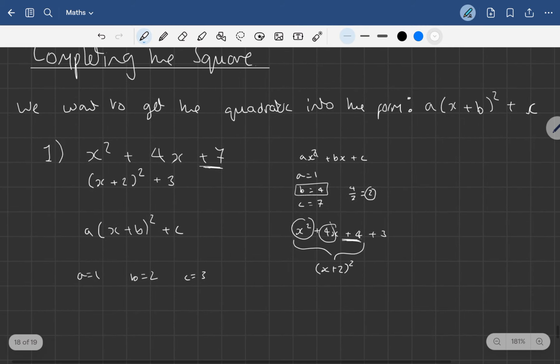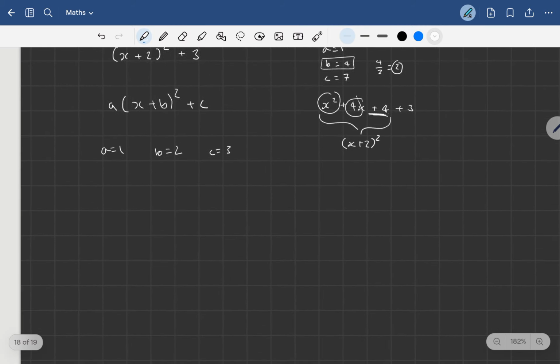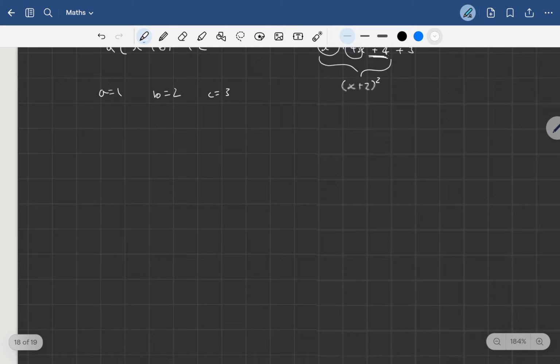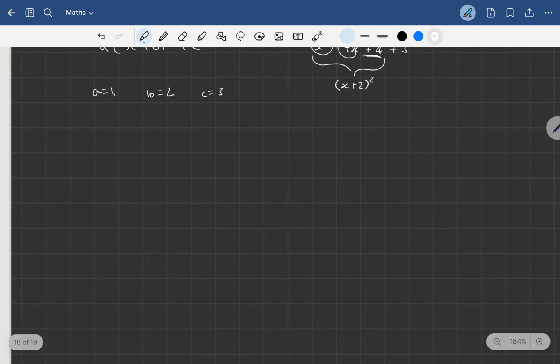Now, what do we do if a is not equal to 1? Let's do 2x squared plus 8x plus 10.